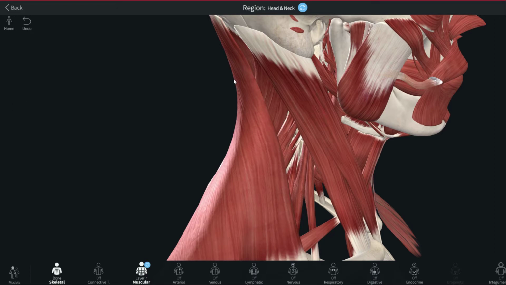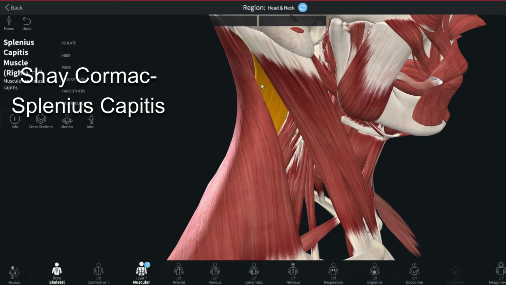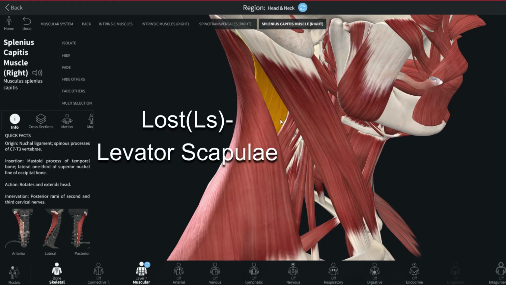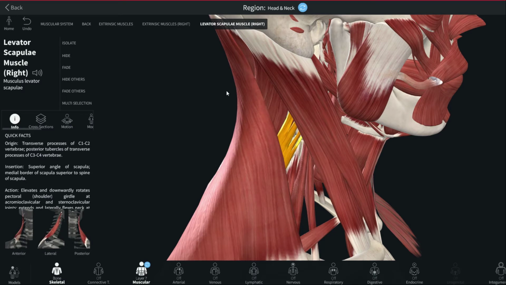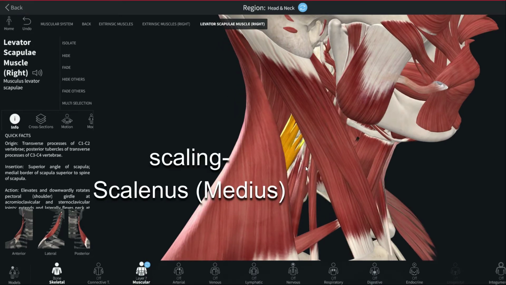Shay Cormac, SC again, but this time we know what the SC will stand for. Splenius capitis. Okay, splenius capitis. Done. Same cape of Shay Cormac was lost. LS, lost. Levator scapulae. Okay, was lost when he was scaling, as in scalenus medius.